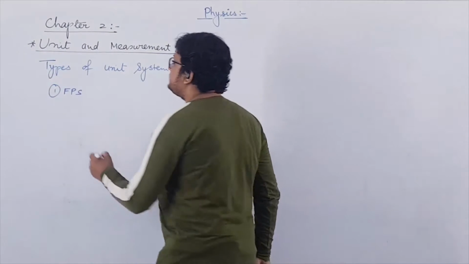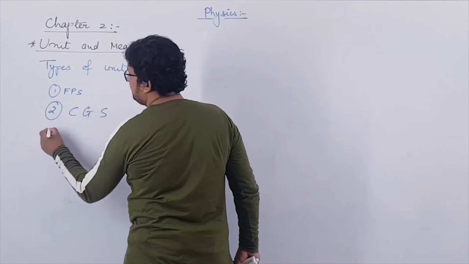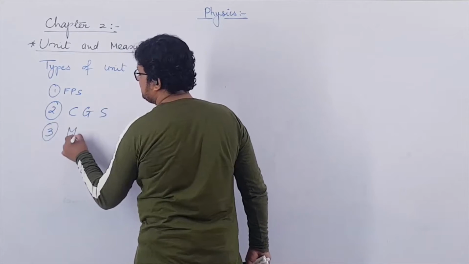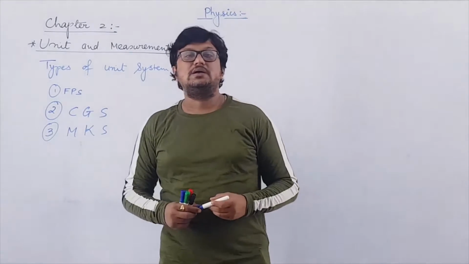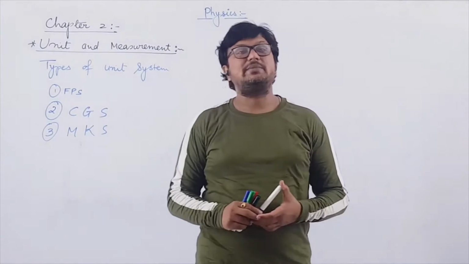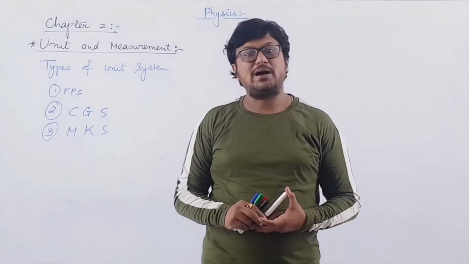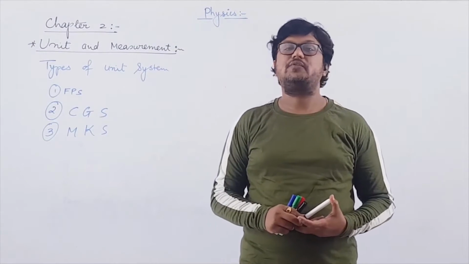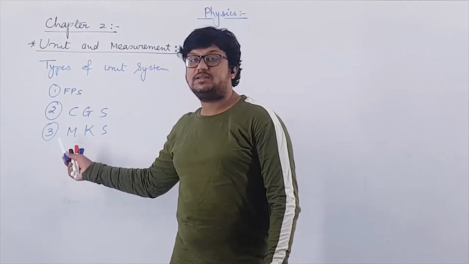The second unit system was CGS, and along with that the third one was MKS. Still we are using the CGS and MKS unit systems. C for centimeter, that is measurement of length, G for gram, measurement of mass, and S for second, measurement of time. M is for length, that is meter.